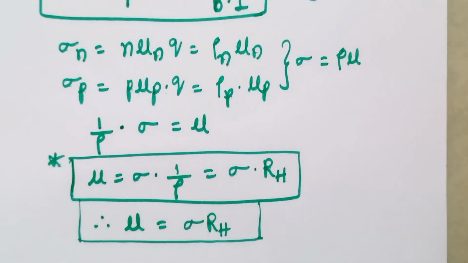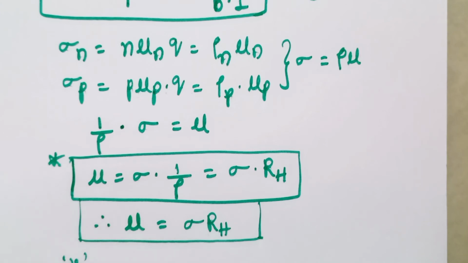Here we have assumed that the drift velocity v of all the carriers is the same, but actually it will not be so, because in the practical case the drift velocity may not be the same for all. Due to thermal agitation they gain energy, their velocity increases, and collisions with other atoms also increase. So for all particles v will not be the same.